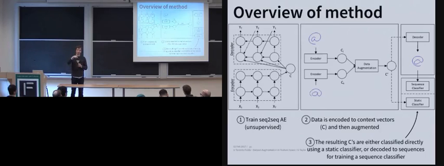This will generate more context vectors. Then in the last step we can do one of two things: decode those context vectors back to sequences using the decoder, or train a model directly on the space of the context vectors and do classification from there.